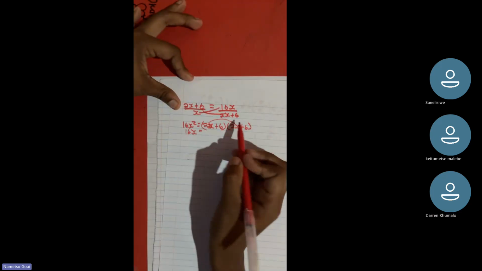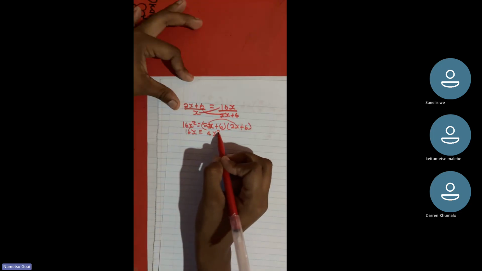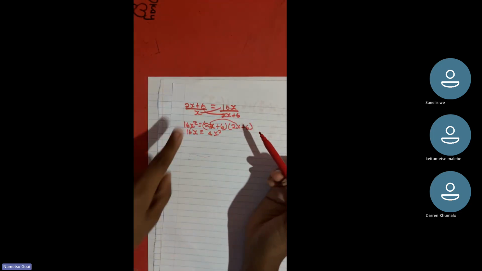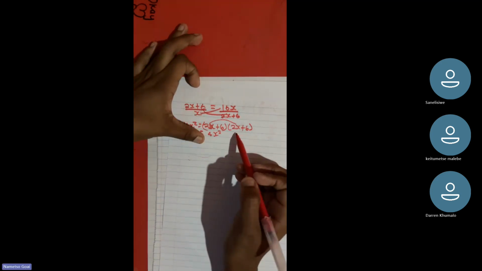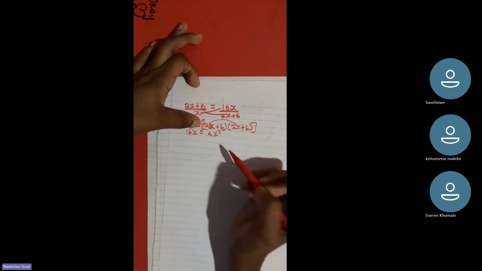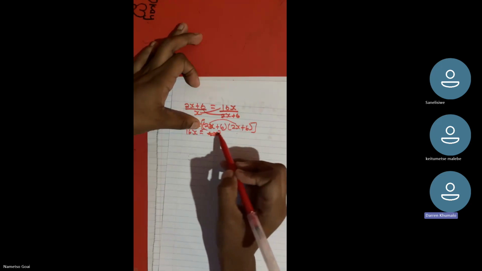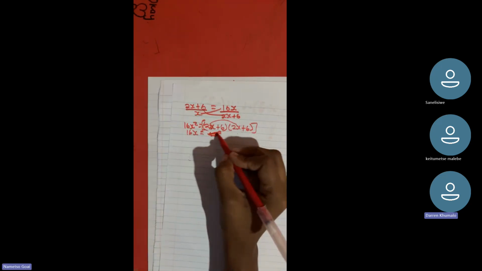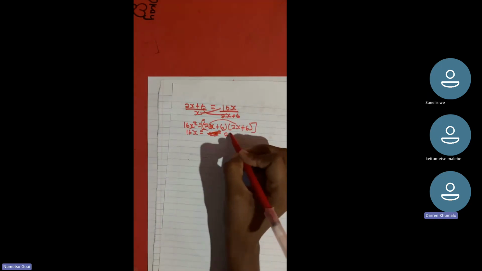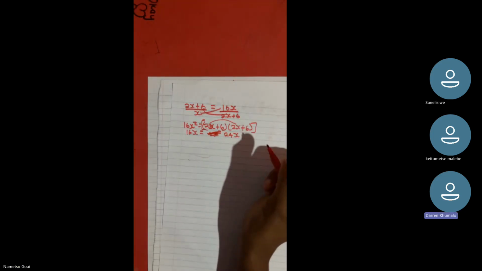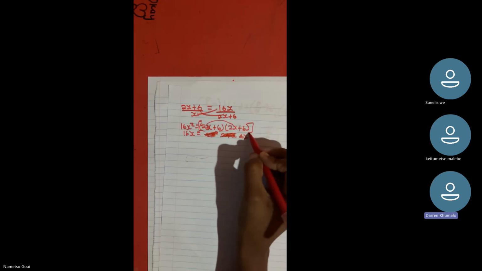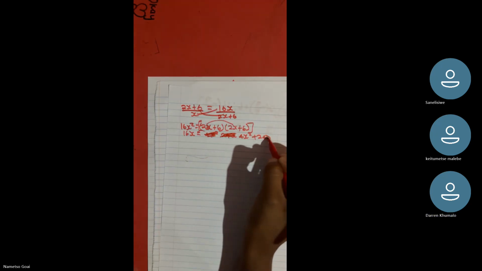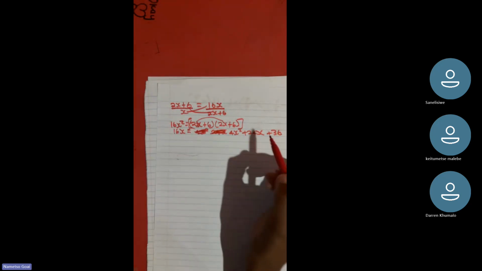When you multiply this out, it gives you 4x squared plus 24x plus 36, because 2 times 6 is 12 and 6 times 2 is 12, so it's 24x, and 2x times 2x is 4x squared. Okay, this is what you get from this side, right?